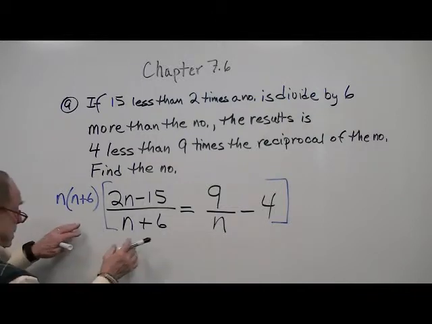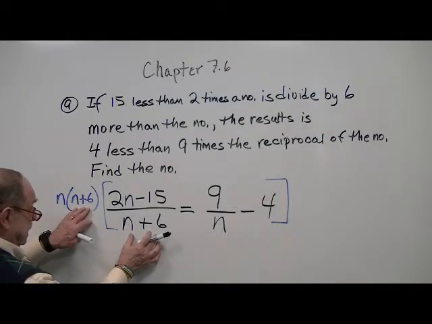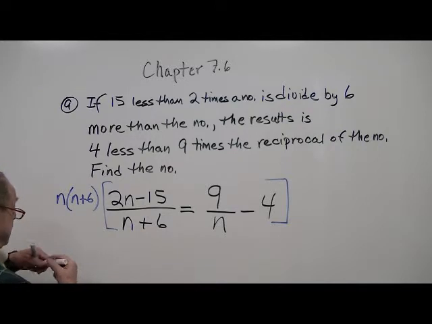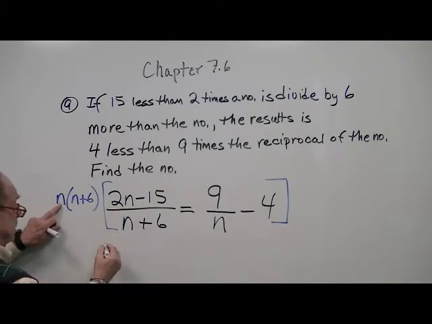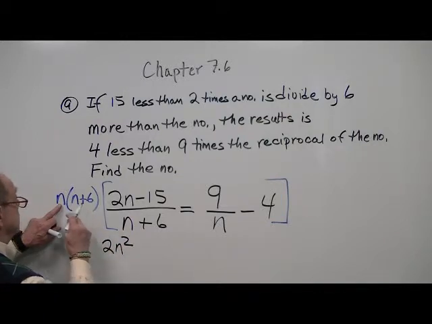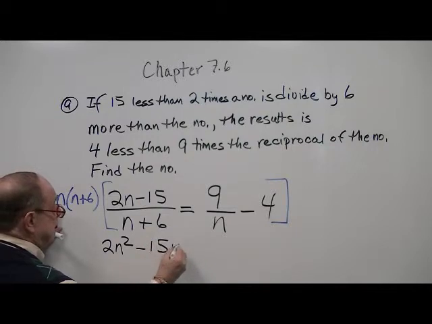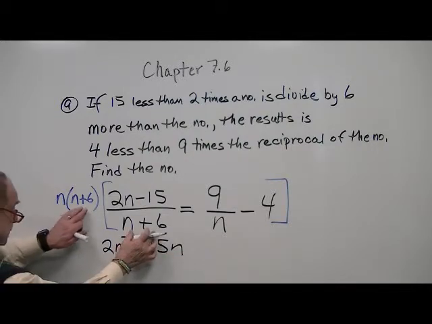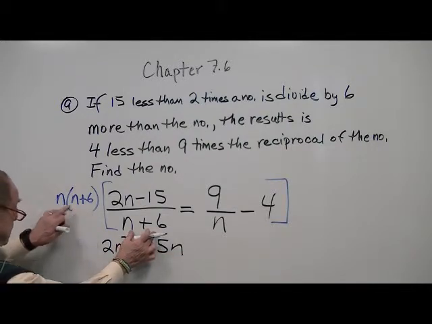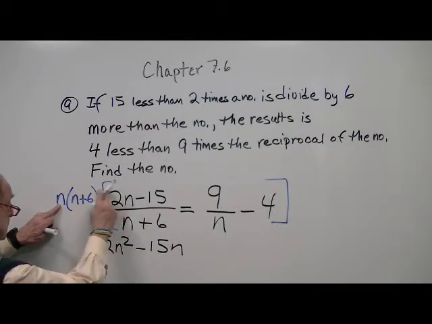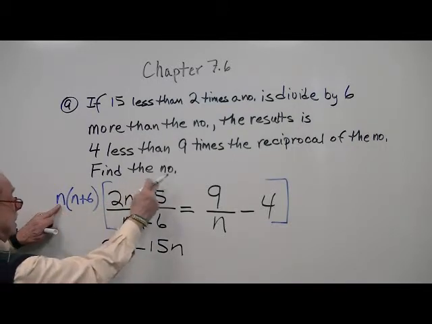So here, these cancel out, but I still have to move the n here. So this becomes 2n squared minus 15n. So this cancels out, and I need to multiply the n times this and the n times this.